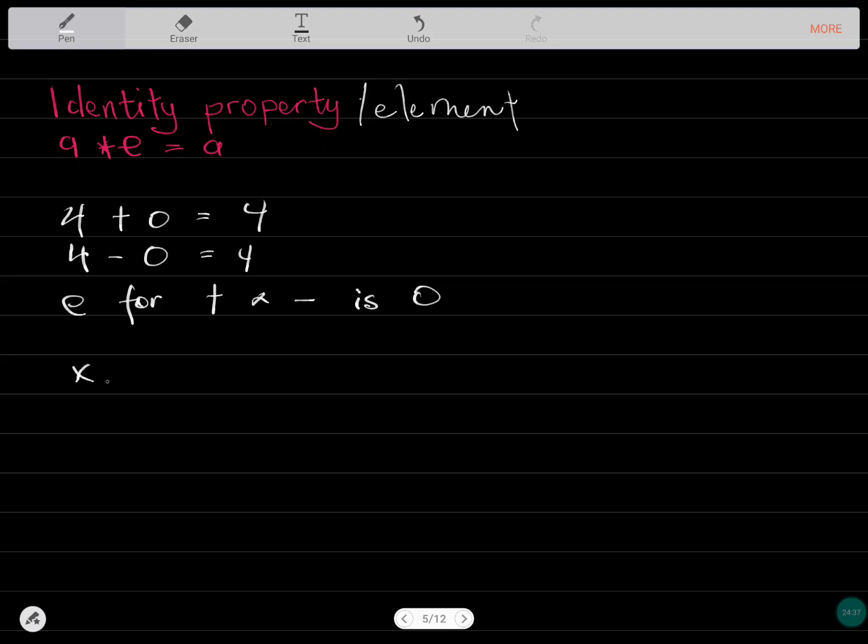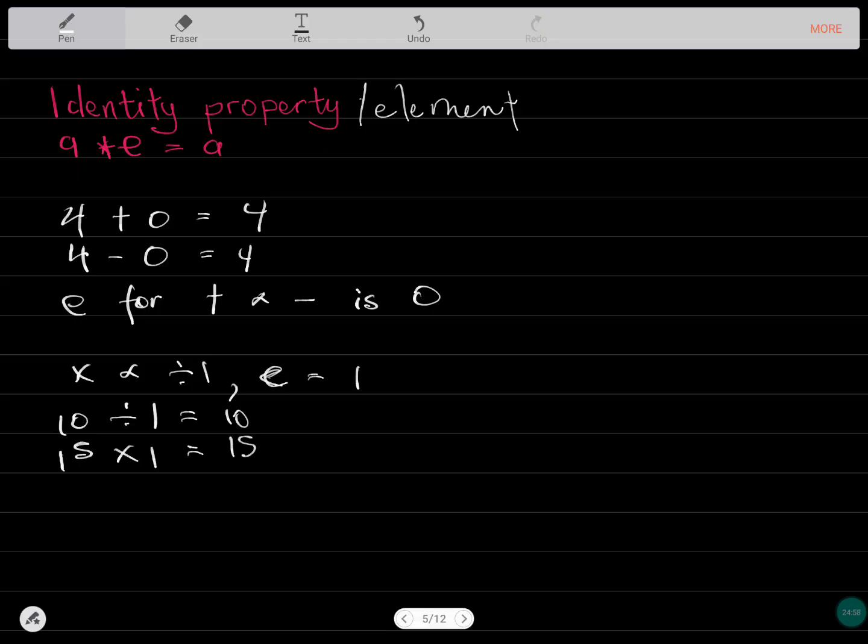When we go for multiplication and division, the identity element E is always 1. For instance, 10 divided by 1 is 10. 15 times 1 is also 15.